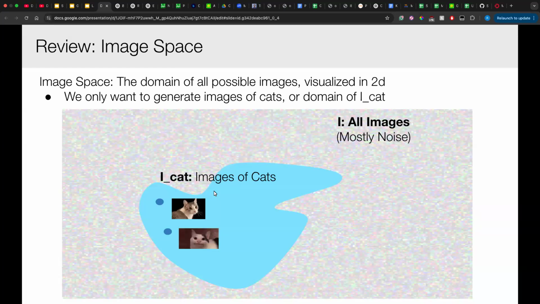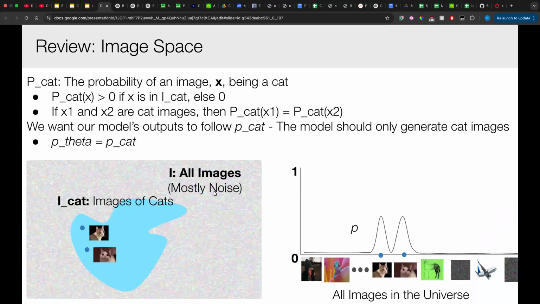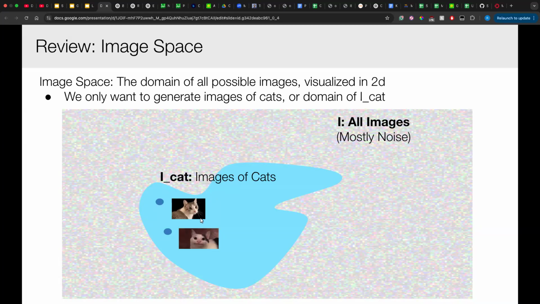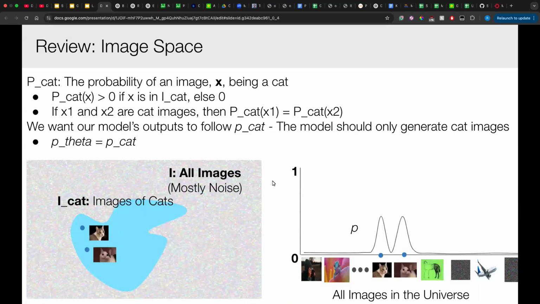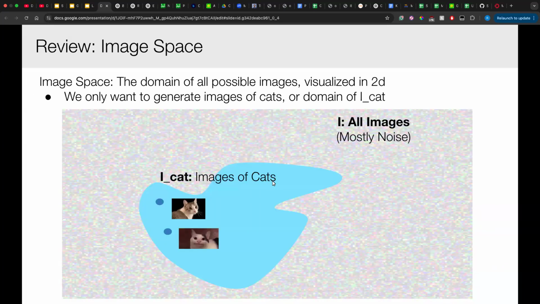Keep in mind, this graphic could be fairly misleading. It doesn't have to be fully connected. You could have disjointed regions, but they don't necessarily have to be fully continuous either. For now, we'll be making those assumptions for simplicity.